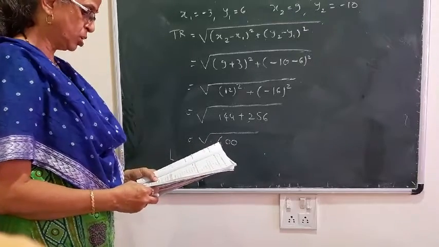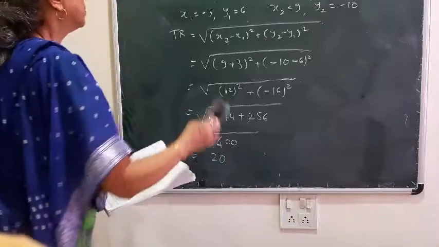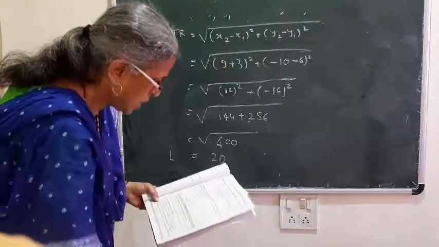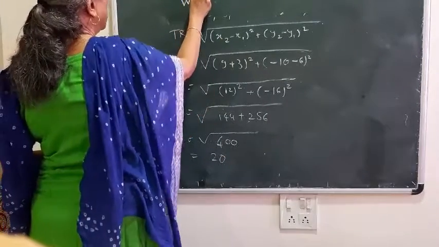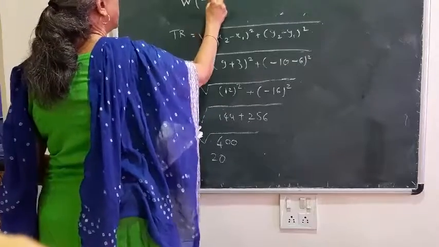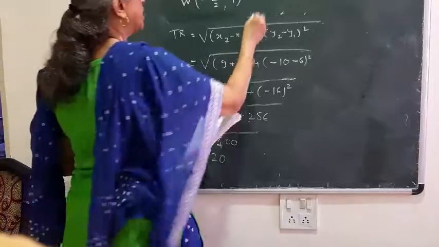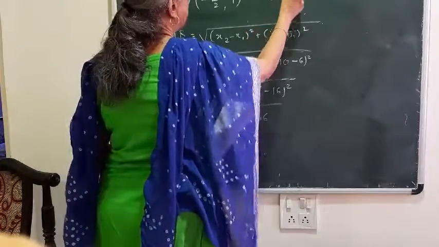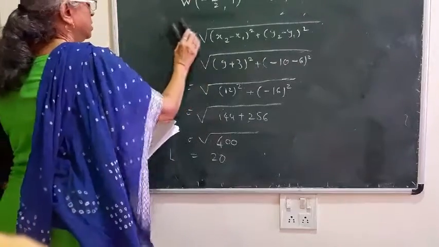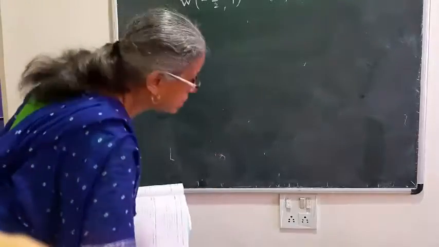So I have shown you the third one, fourth one, fifth one. Then we are going to do sum number 6. They have given the coordinates of W as minus 7 upon 2 comma 4, and the coordinates of X as 11 comma 4. So here we are writing again the distance formula.